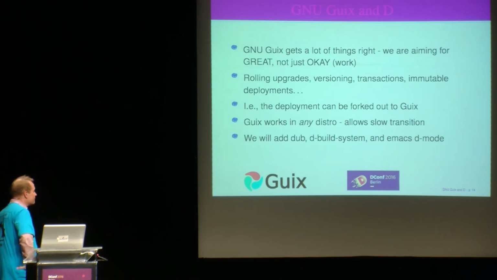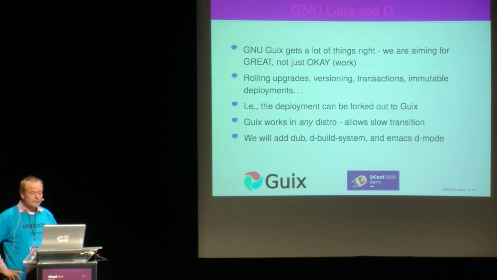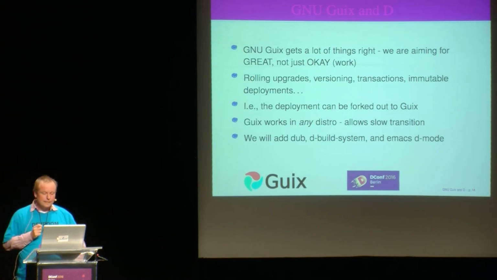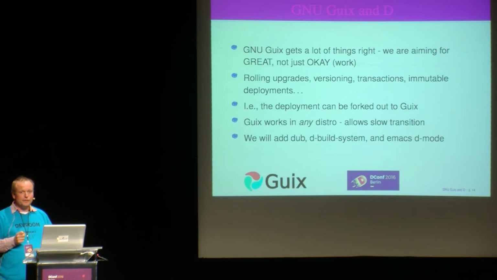So the final slide, I think GNU Guix gets a lot of things right, and we are aiming for great. Every package in there is viewed by many eyes, and we're really making a best effort.